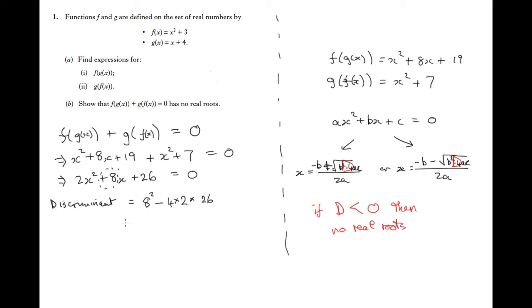So that's our discriminant. 64 minus 2 4s are 8, 26 times 8. 6 8s are 48, 2 8 16s, and 18, 19, 20. 208 will do. And certainly that's negative. In fact, it's minus 144. Less than 0, so no real roots.